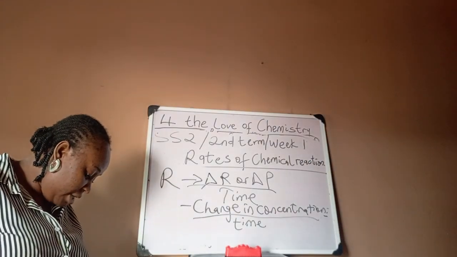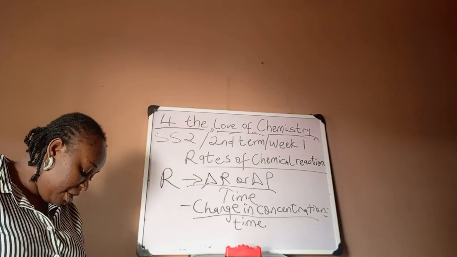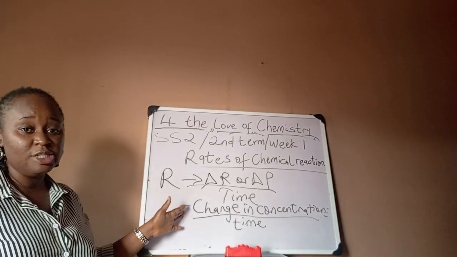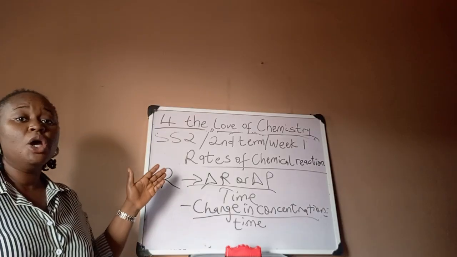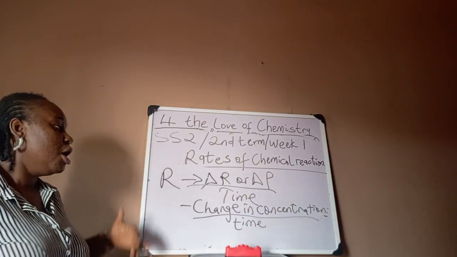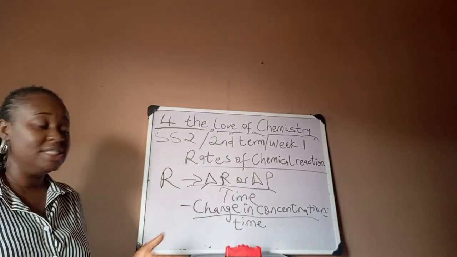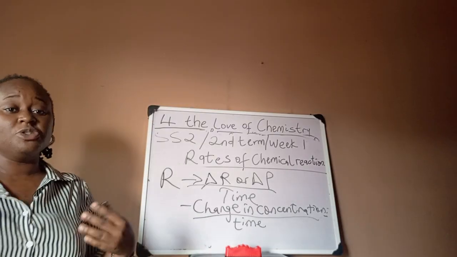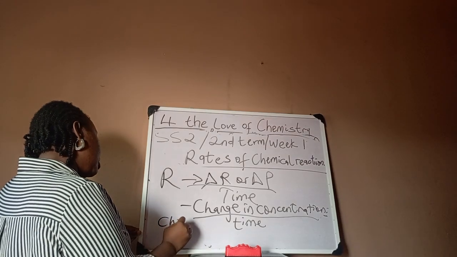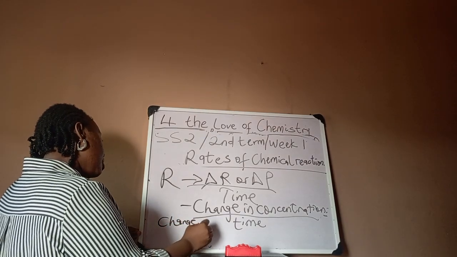Then rate is also the change in mass of a substance per unit time. This one is concentration, and when it's in an aqueous solution, we are checking the concentration. But if you are dealing with a solid, another way to check the rate of chemical reaction is by the change in mass.